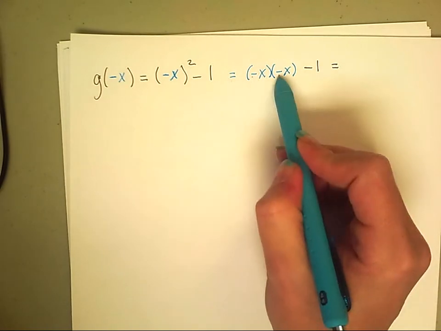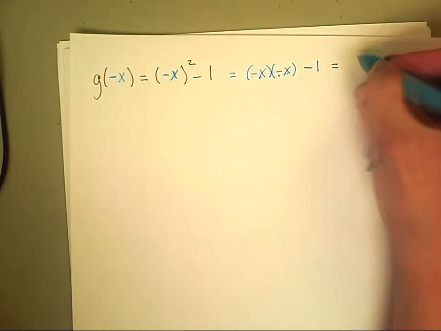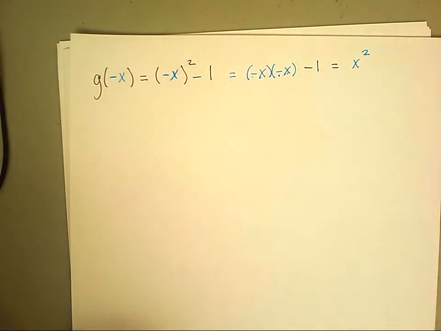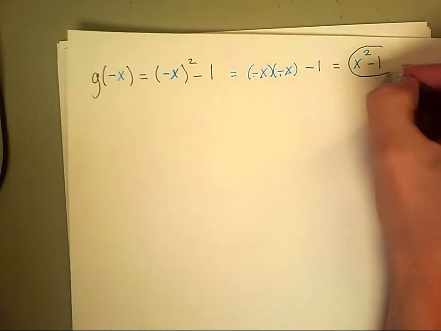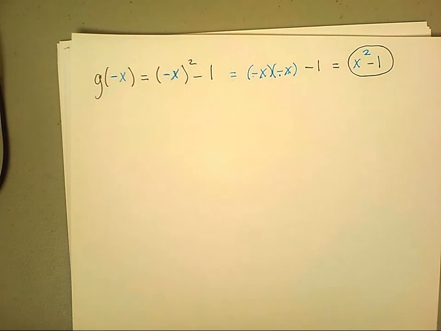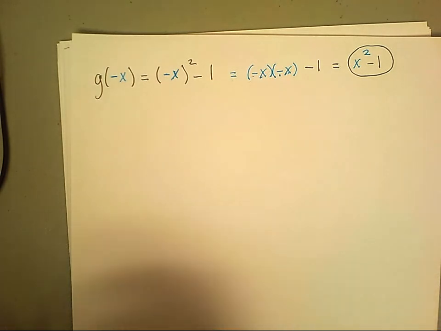Now here, negative and negative become positive, and x times x is x squared, and then minus 1. So g of negative x is x squared minus 1, which is exactly the same thing as g of positive x. Now that doesn't always happen, but in this case it is.